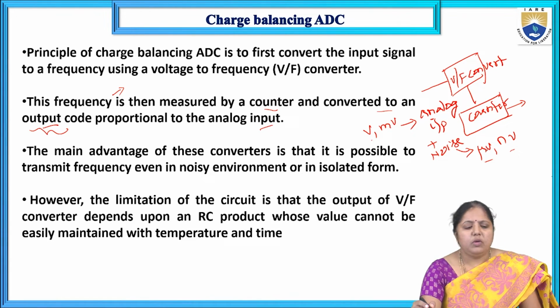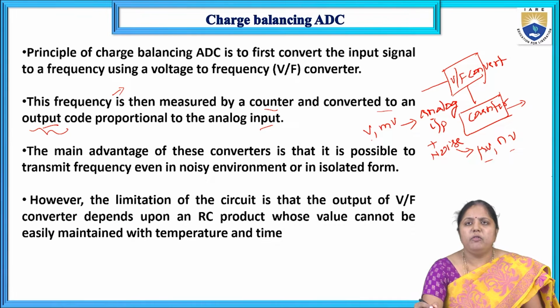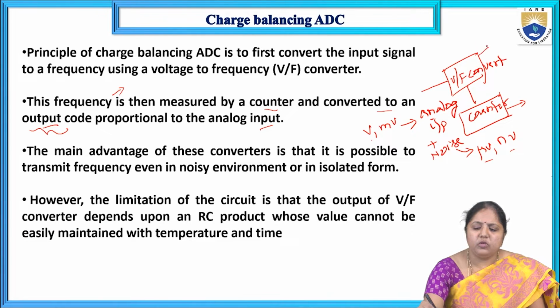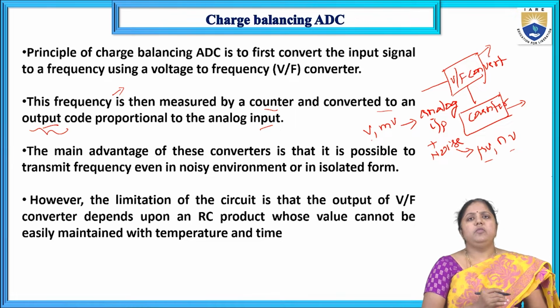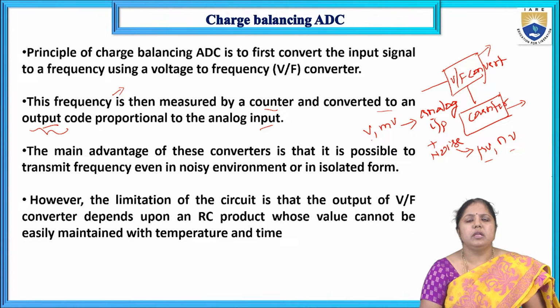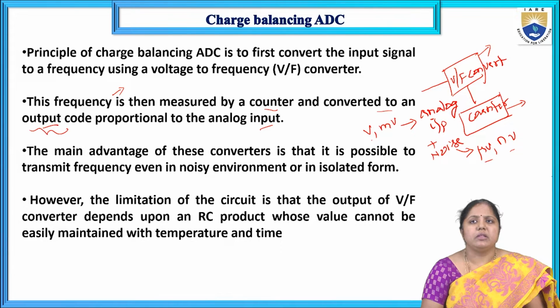So next, what is the disadvantage of this? The main limitation is that the circuit output depends on the voltage to frequency converter. So the complete performance depends on the voltage to frequency converter. In the voltage to frequency converter we use resistance and capacitance components.